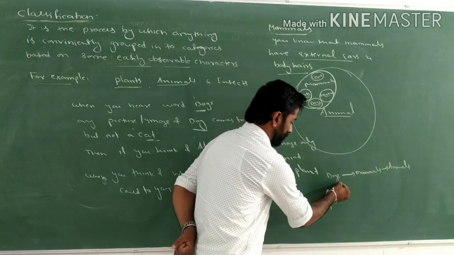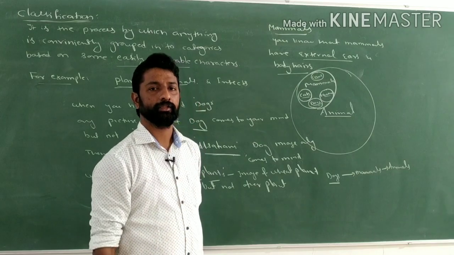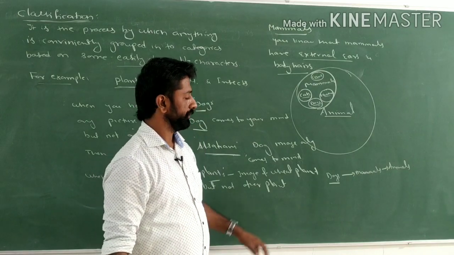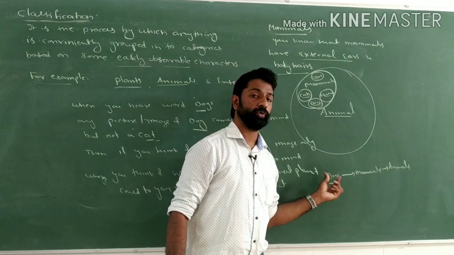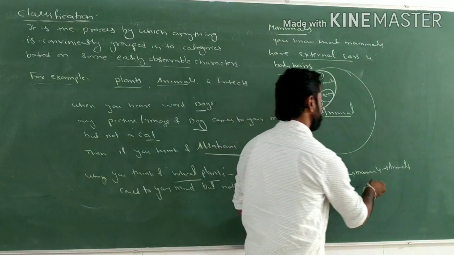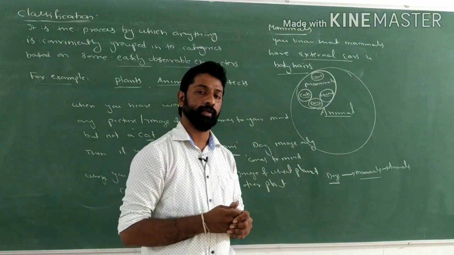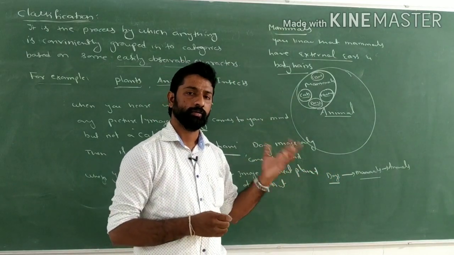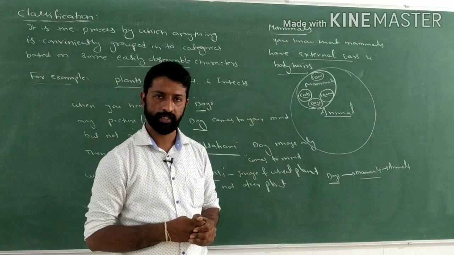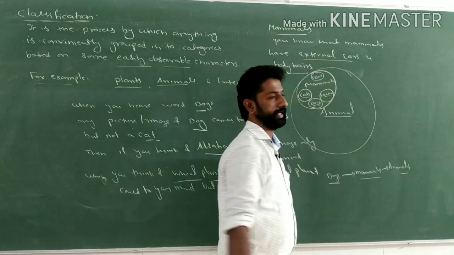So here, dog is one convenient category in order to study that particular organism only. Mammals is another convenient category to study all the organisms which possess body hair and external ears. And animals is another category.